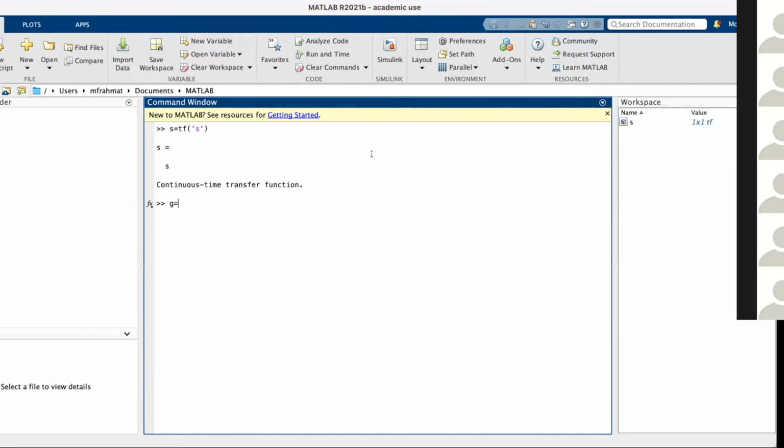K over one, K tu 1 lah, over S square plus 2.5 multiplied by S plus 1.